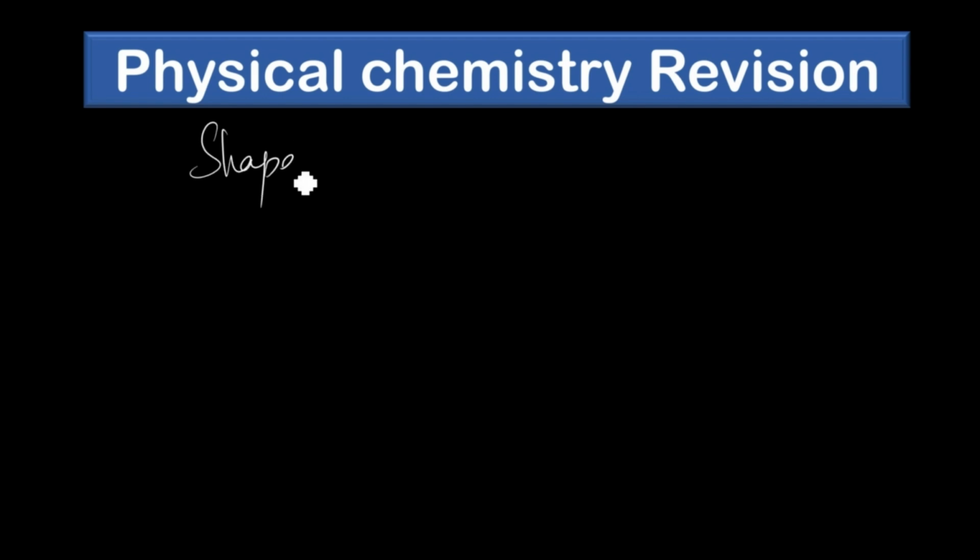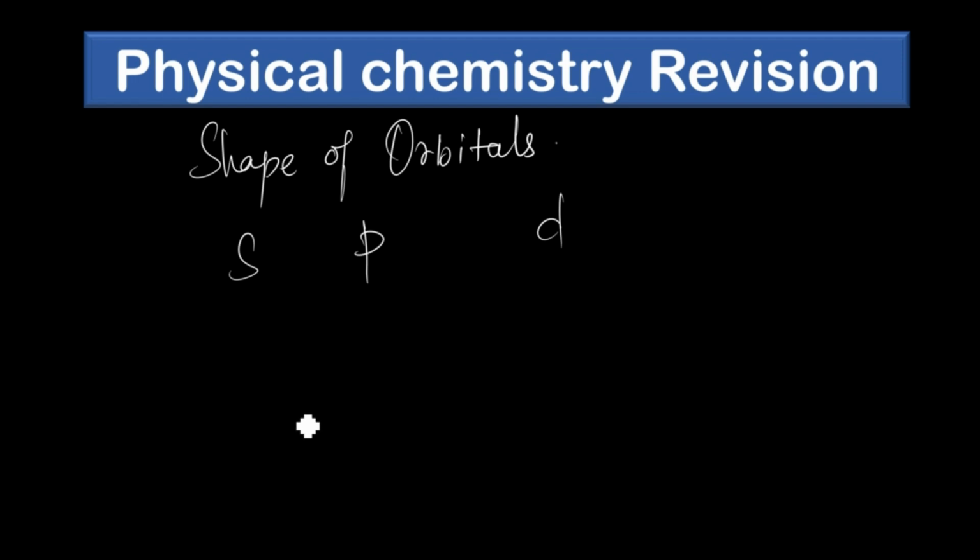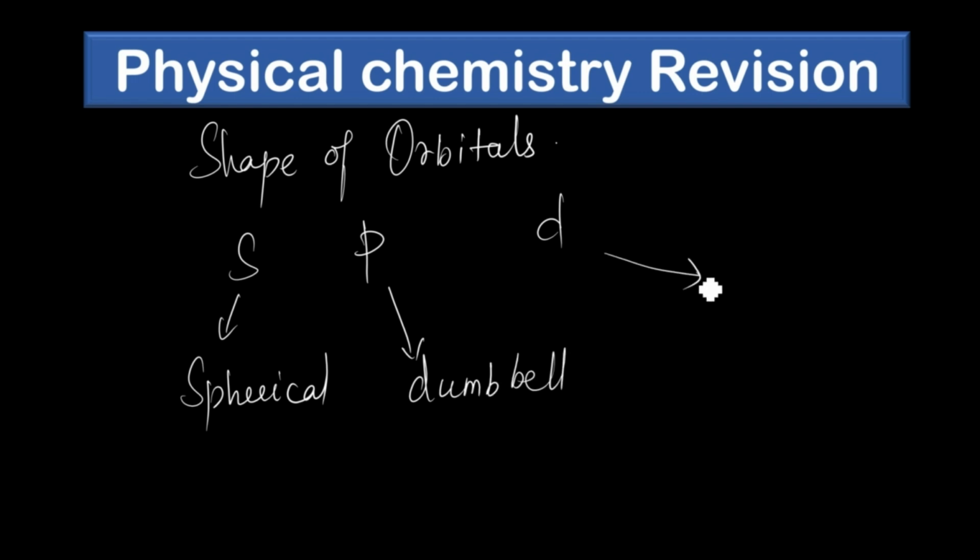Then talking about the shape of orbitals. For the shape of orbitals, we have s, p, d. Most importantly, s is spherical, p is dumbbell shaped, d is double dumbbell shaped. In p we have 3 categories: px, py and pz, right?